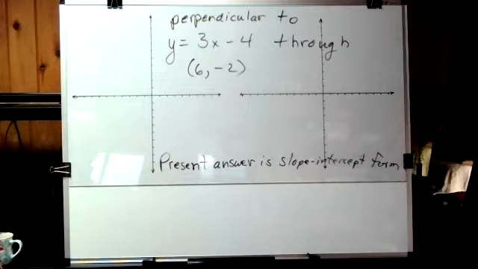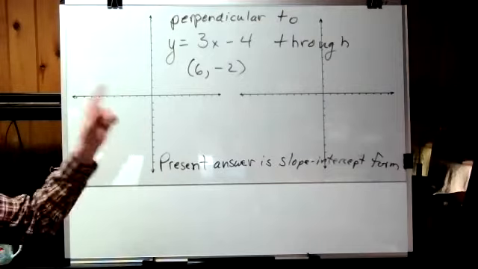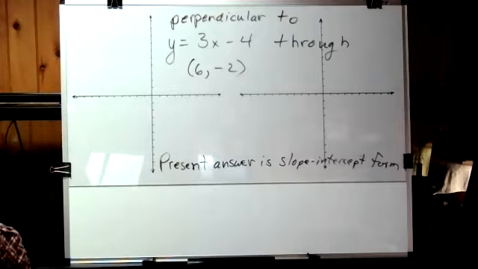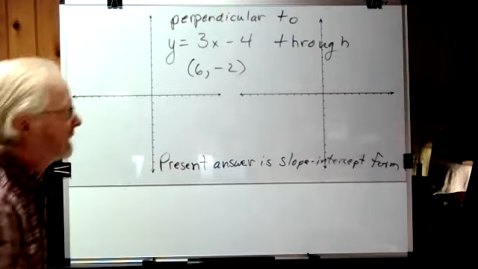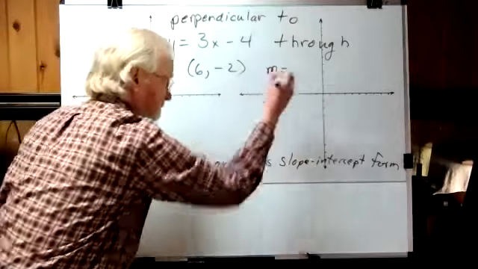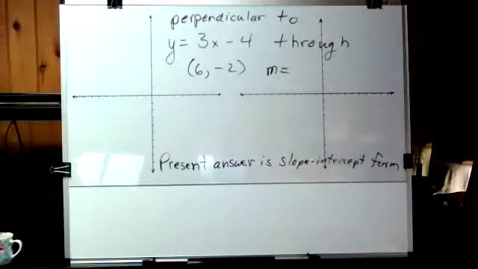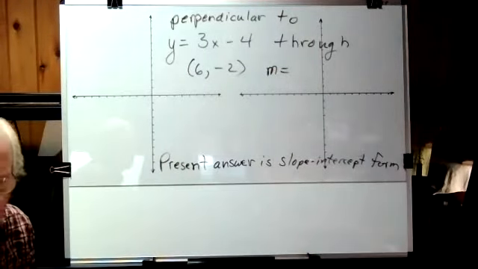Anyway, here we go. So, perpendicular to that line, I've abbreviated my sentence. I hope you're okay with that. Perpendicular to that equation going through that point. So again, you have to decide what the slope is going to be.